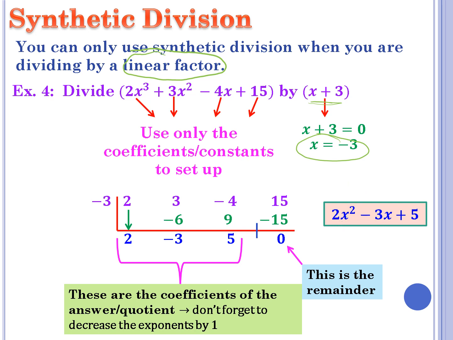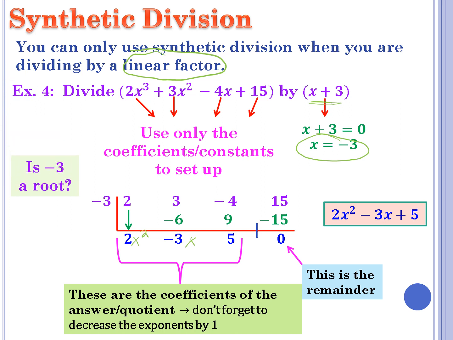I started with an x cubed, so I start down here with an x squared. So that becomes 2x squared minus 3x plus 5 with no remainder. We go down in sequential order. And then, of course, if you'd had a remainder, you would put it over x plus 3, but here it's 0, so we don't need it.